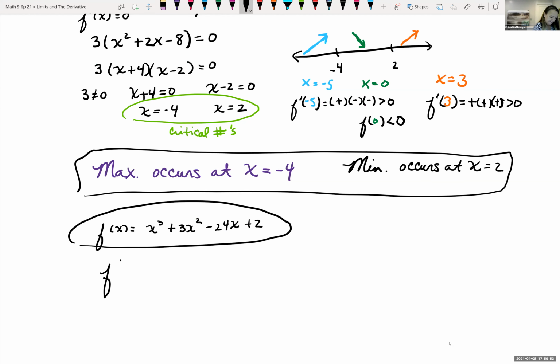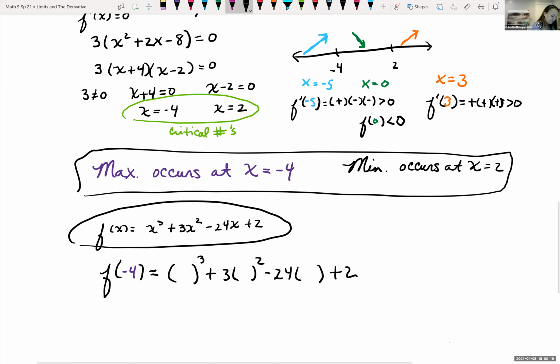We want to look at f of -4. So we're going to plug in -4 wherever we see an x in our original. I'm going to put parentheses in first wherever I see an x: parentheses cubed plus 3 parentheses squared minus 24 parentheses plus 2. Now going in and plugging in -4.